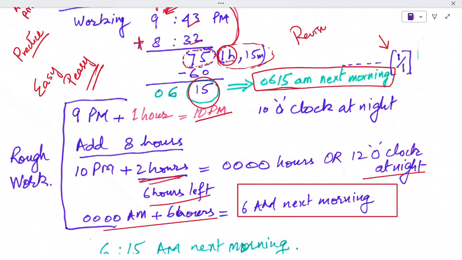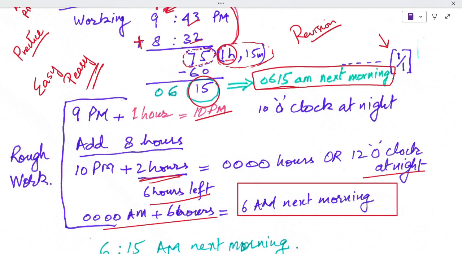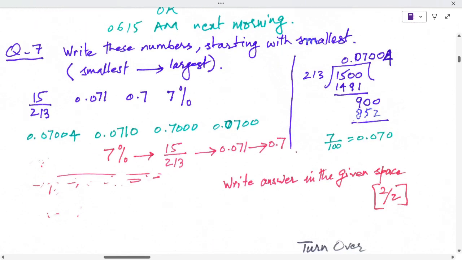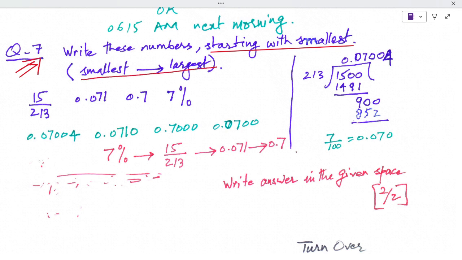Going on to question number 7. Write these numbers starting with the smallest. You see, you will always get a question in the increasing order or in the decreasing order. Now here he has written with the smallest. That means you have to go into the increasing order. First of all, you are going to write the smallest, and then you have to see that there is a number 15/213.